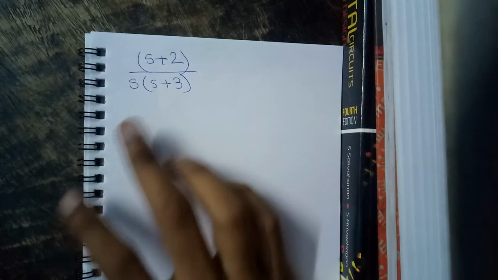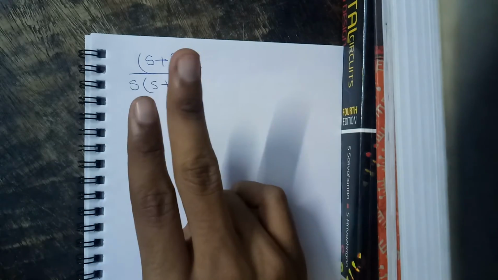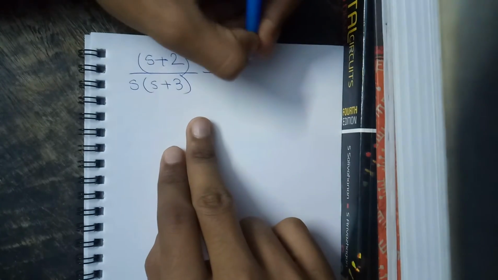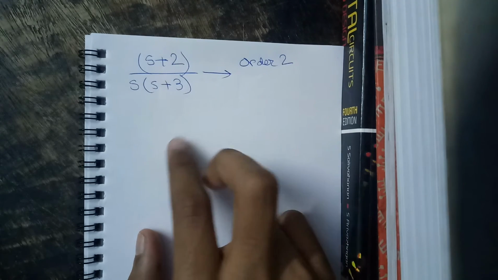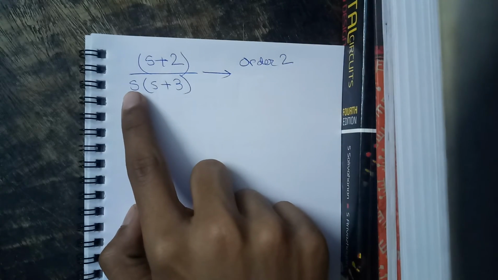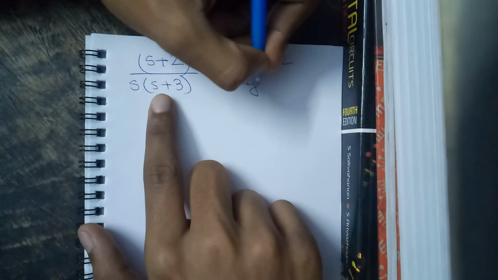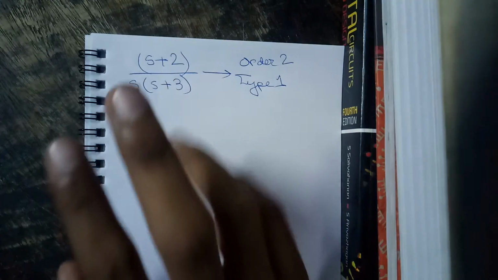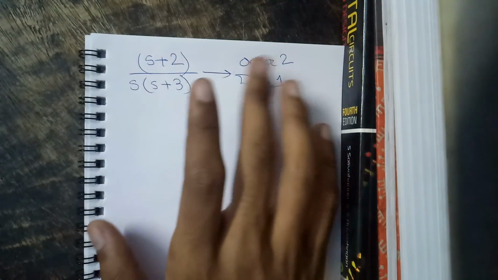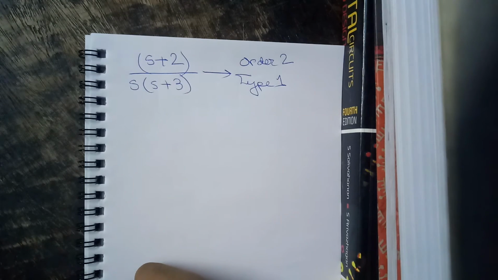What is the maximum power of s in the denominator? It is 2. So this is an order 2 system. What is the type of the system? As we can see, the power of s is only 1, so the type of the system is type 1. Based on this, we can have a type 0 system, type 1, type 2, and so on, and the order can also increase. In our basic curriculum, we have systems up to order 3 or order 4, and type 0, type 1, type 2, type 3 systems, etc.